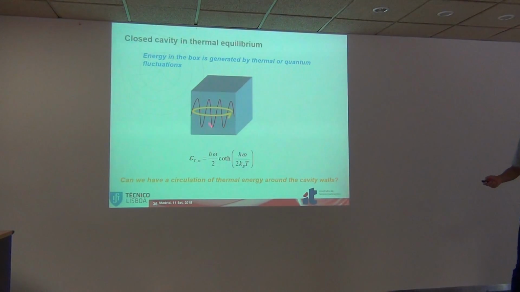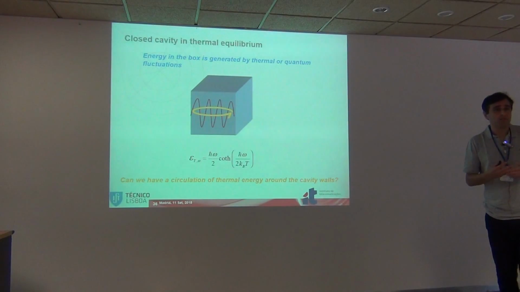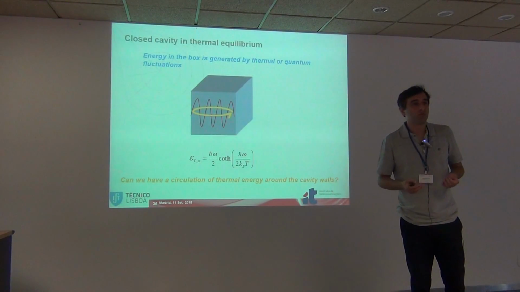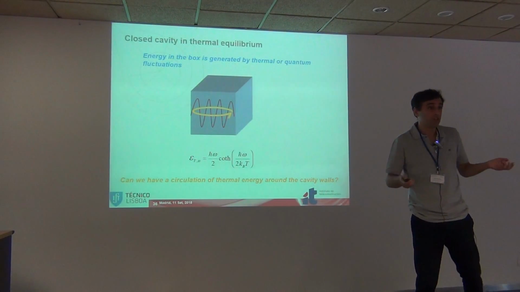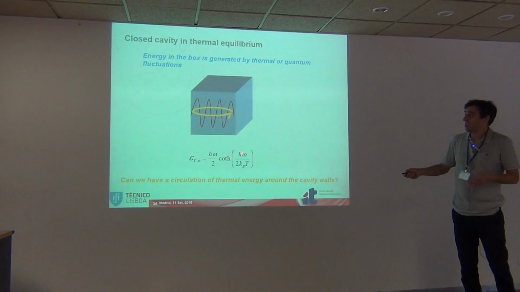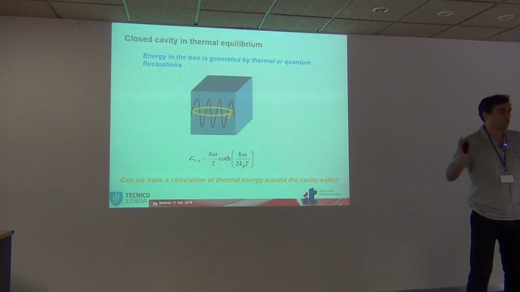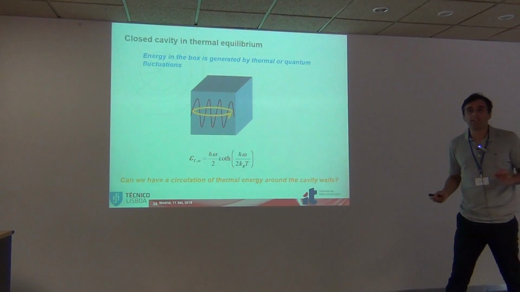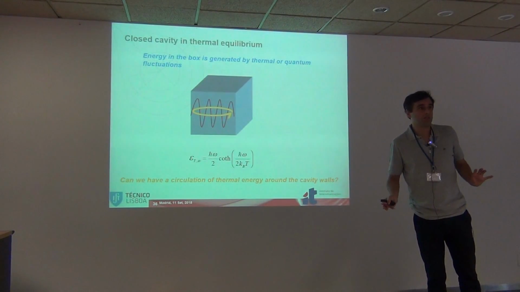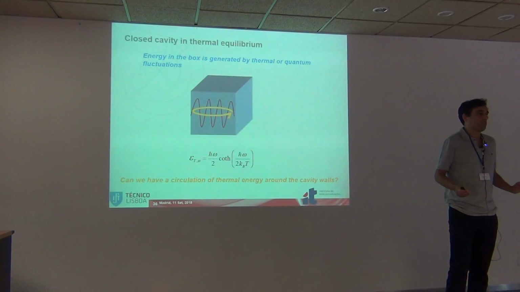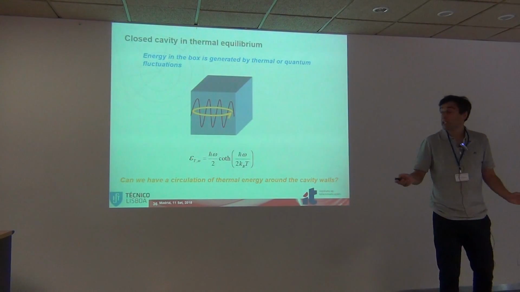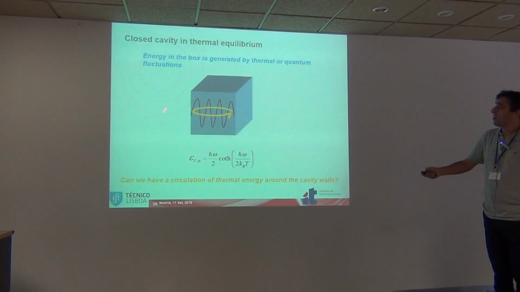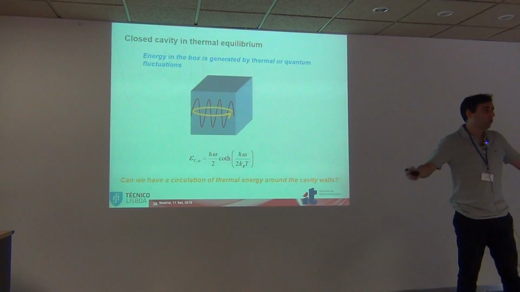So to analyze this problem, you can analyze it in many ways. Usually the tool that you would use is the fluctuation-dissipation theorem to compute whatever you are interested in inside the cavity, some correlations of the fields. But I'm going to consider for simplicity the case where you have very little loss. And in that case, you can just consider a modal expansion. You can think that in your cavity, basically what you have is the classical modes.